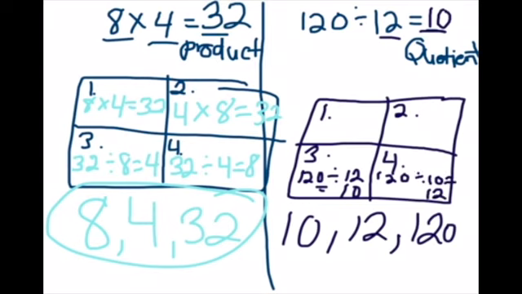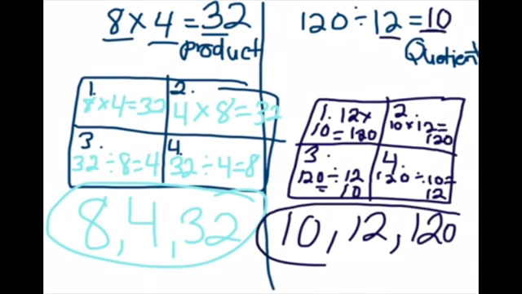Nice job. What would be the multiplication sentence? 12 times 10 equals 120. I know my box is running out of room, so you'll have to bear with me. And then the last way would be 10 times 12 equals 120. Nice job. That's your fact family for using 10, 12, and 120. Nice job.